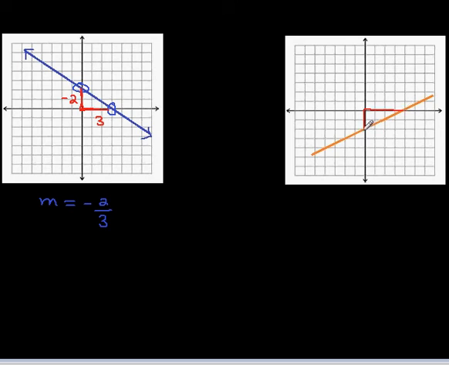But going from point to point, I'm going to rise 2, and I'm going to run 1, 2, 3, 4. So my slope is going to be rise over run, and then you always reduce it. So my slope of that line is 1/2. The closer your fraction gets to 0, the flatter your line is going to be, because 0 would be just a flat line.